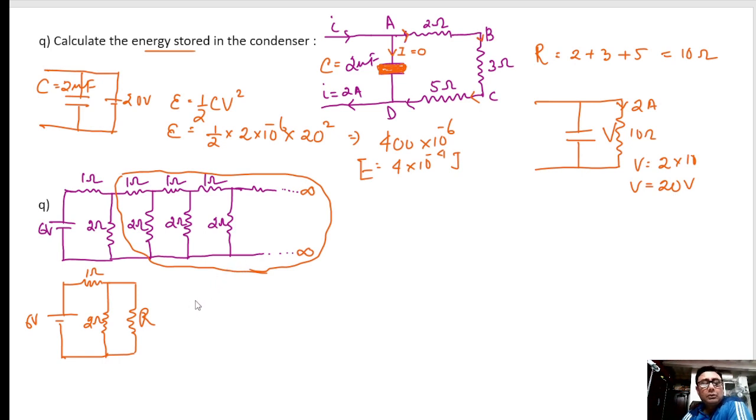Okay, so now please understand one thing: R is the net resistance of this part. This R and 2 are in parallel. So 1 by R plus 1 by 2, which is 2 plus R by 2R. So it will reverse.